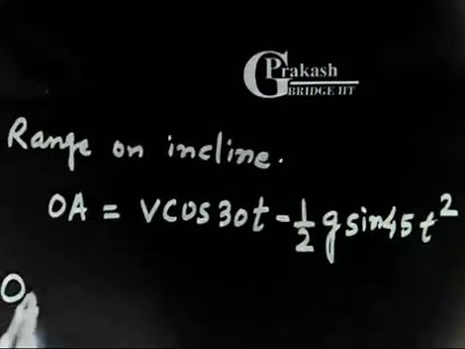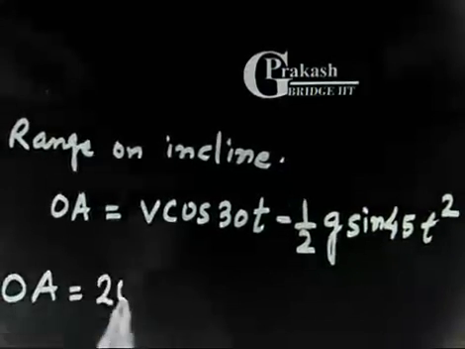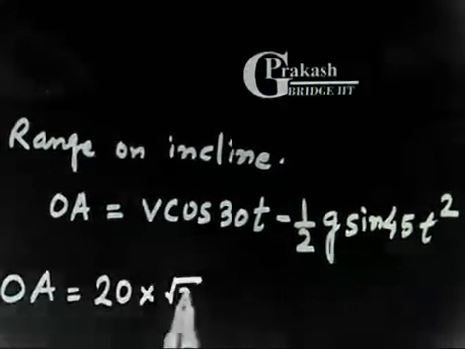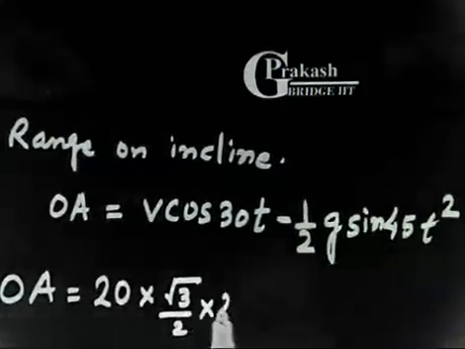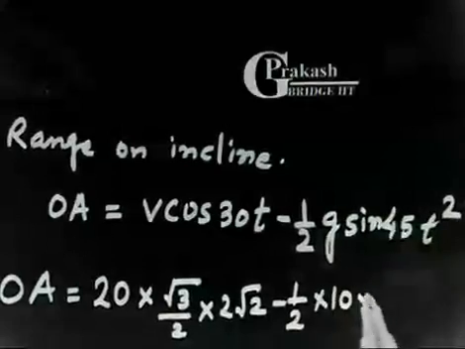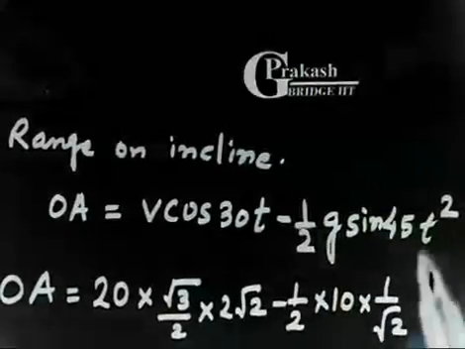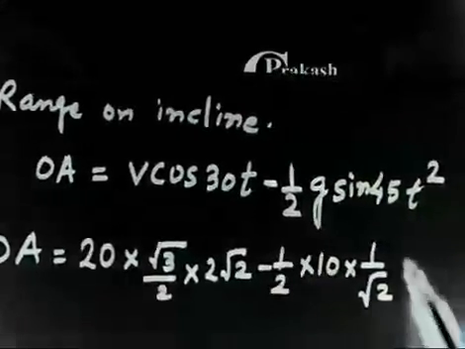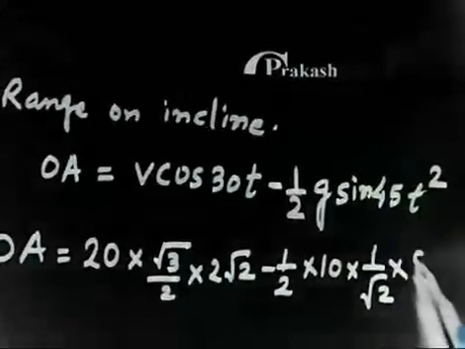So OA will be, velocity is 20, cos 30 is root 3 by 2, and time is 2 root 2, minus half, g is 10, sin 45 is 1 by root 2, and t square, t is 2 root 2, so this will be 4 into 2, 8.